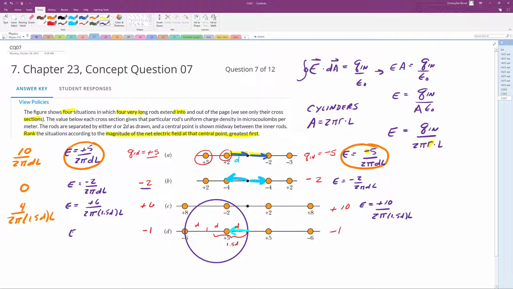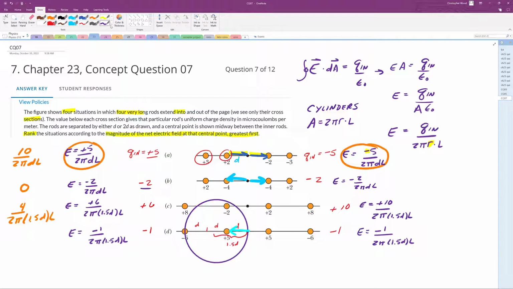So E equals the total amount of enclosed charge, which is negative 1, all over 2 pi times 1.5D times L. On the right side, E equals the total amount of enclosed charge, which is also negative 1, all over 2 pi times 1.5 dl.